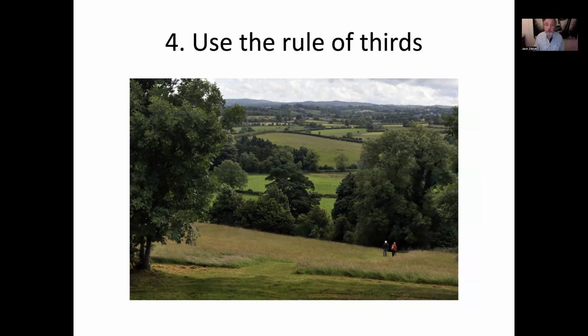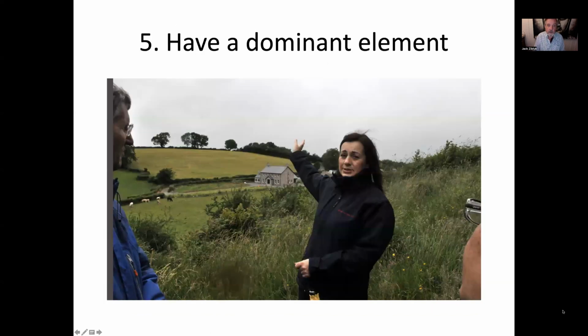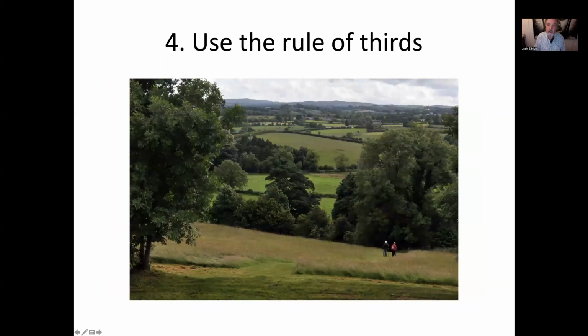Yes, I like this picture. Our horizon's in the top third, the people in the bottom third. A lot of cameras come with a tic-tac-toe hashtag grid, and you put the people in those crosshairs. Bottom third, top third, this tree's in a third. This really uses the rule of thirds.